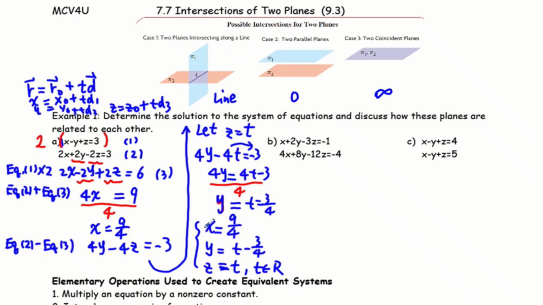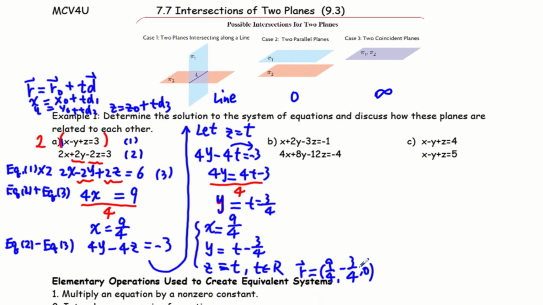So it means the two planes intersect as one line, and this line is this way. We also could write it in vector form if you like. So r equals r0, which is all the constants: 9 over 4, negative 3 over 4, and 0, since there is no t in z, so it is 0 as a constant.